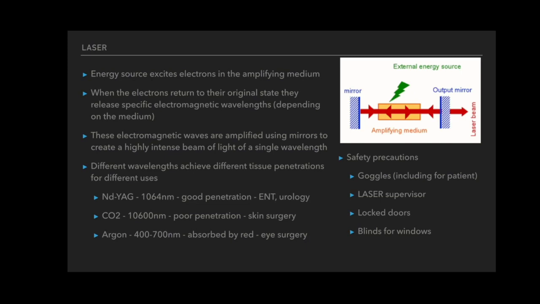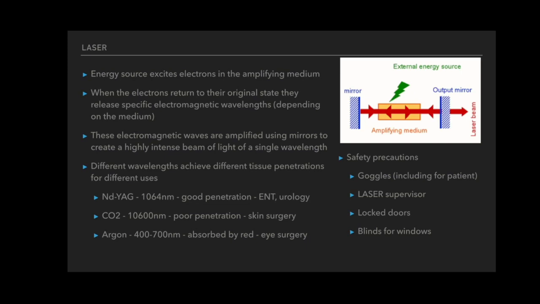So the light, the radiation that is coming out of a laser isn't from your original light source that's going in, it's from the dropping of the electrons to their lower energy state. They then have a sort of amplifying process where they basically have two mirrors facing each other.